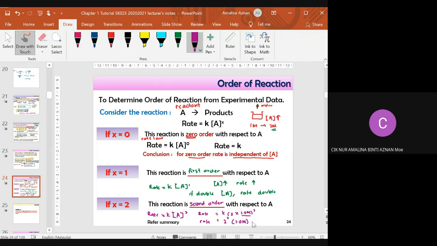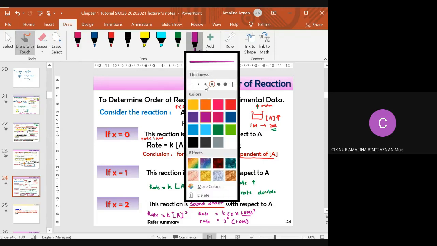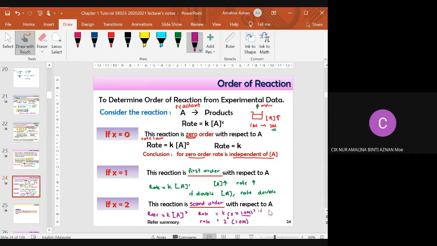From here we can conclude that if we increase the concentration of A by X times, the rate of reaction will increase by X to the power of 2 times.